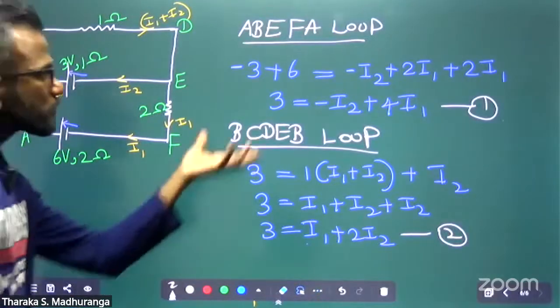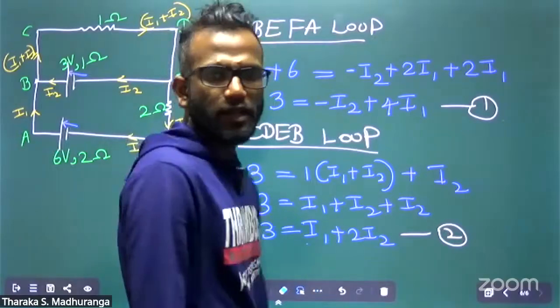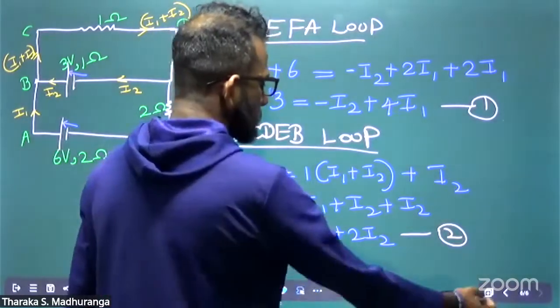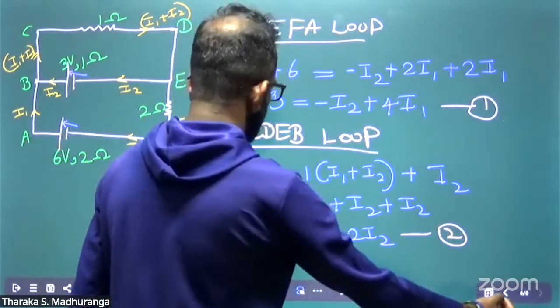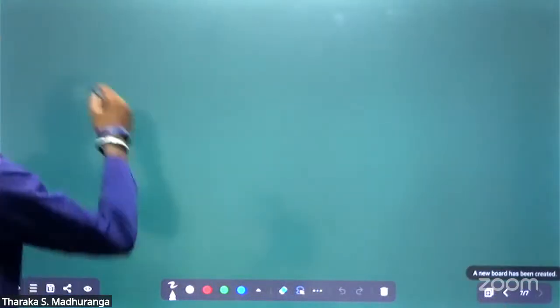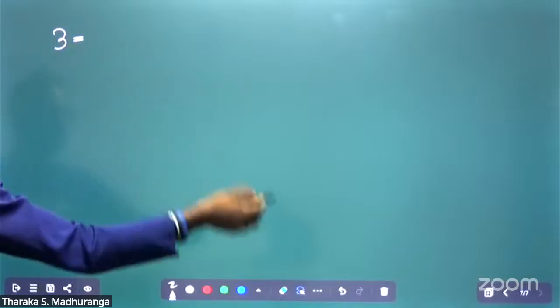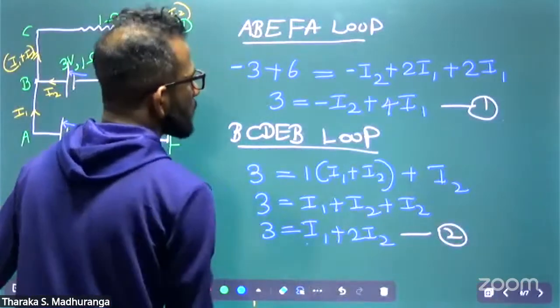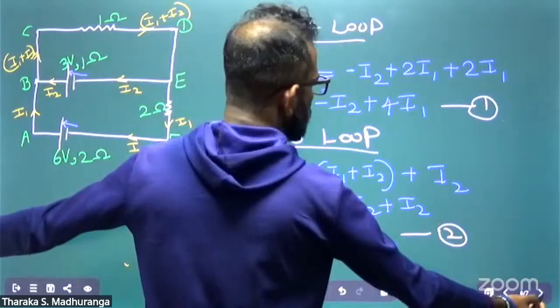Okay, now you have to solve these two equations to get I1 and I2. First equation: 3 equals minus I2 plus 4I1.